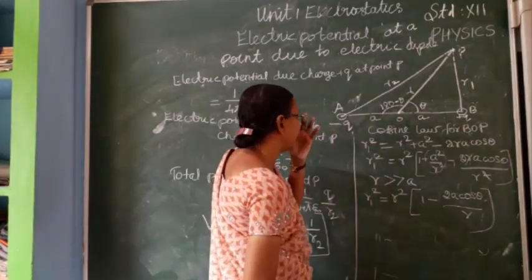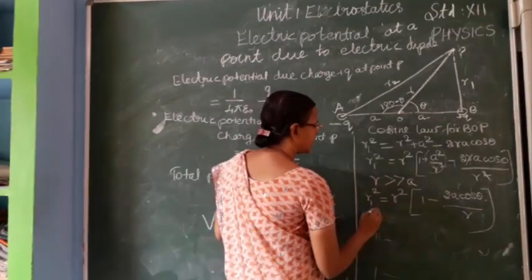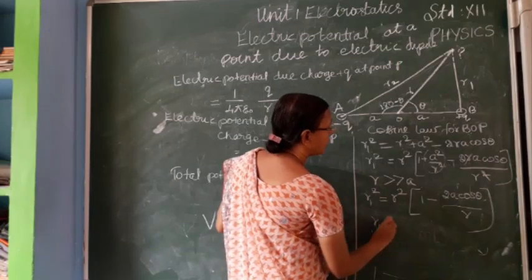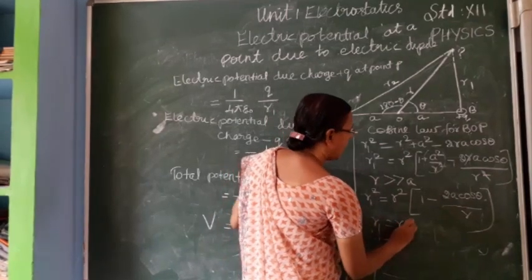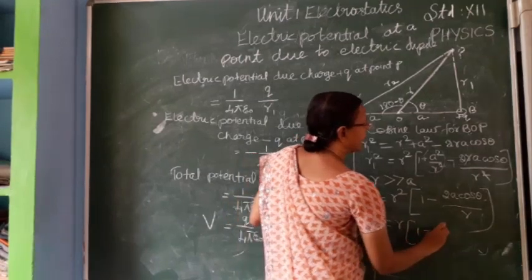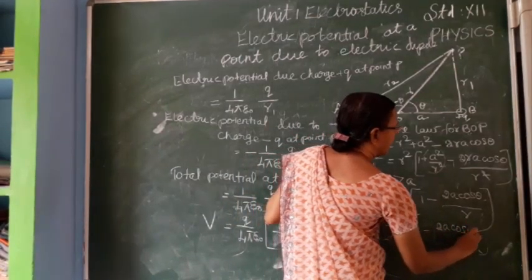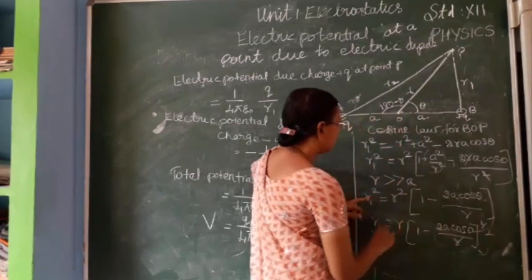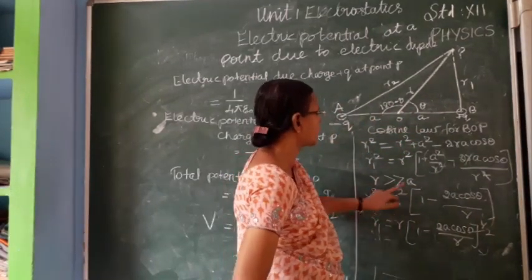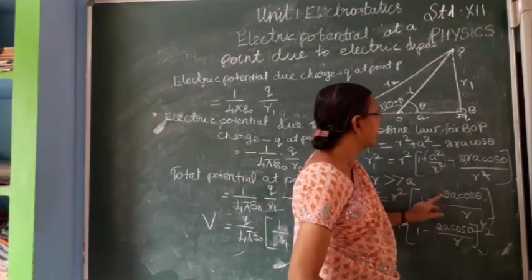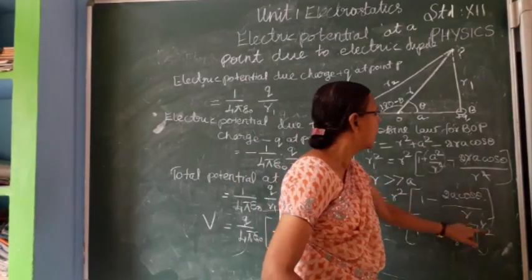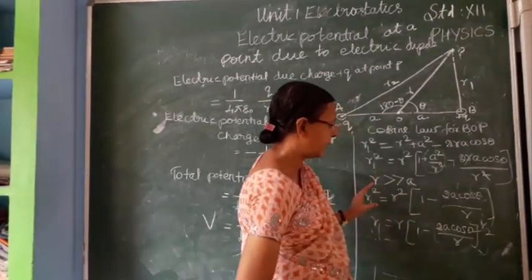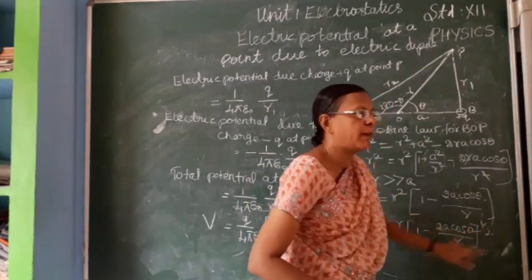Now we have to find the reciprocal for this. We want R1, so R1 is equal to R into 1 minus 2A cos theta by R, the whole power 1 by 2. What is 1 by 2? The square root of R1 square is R1, R square is R. For finding the square root, we write the whole power 1 by 2.